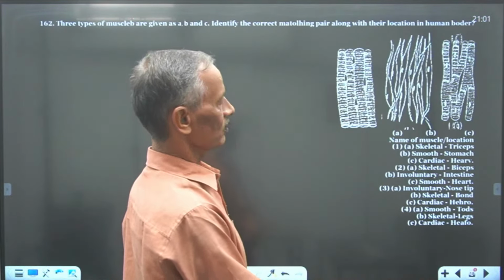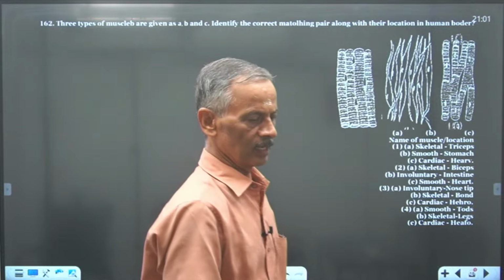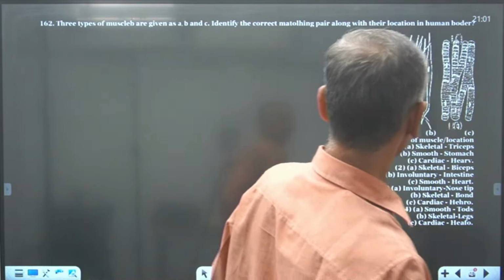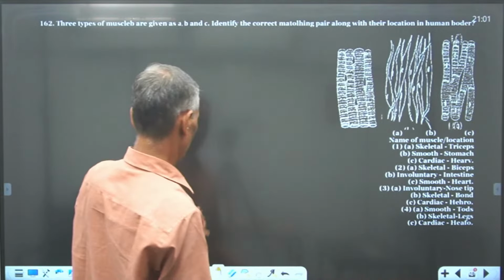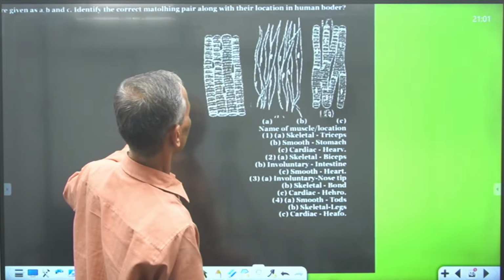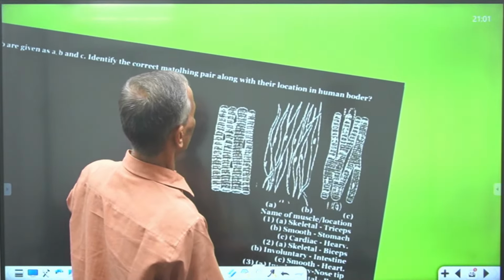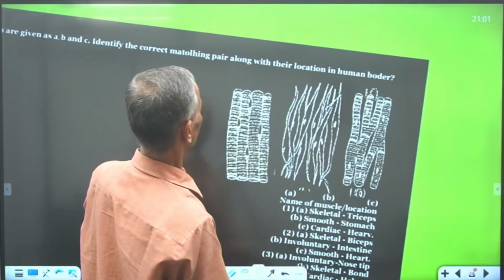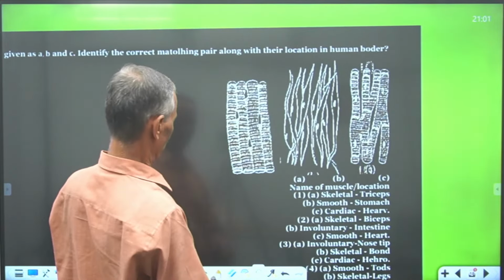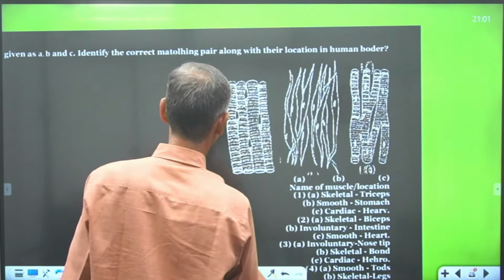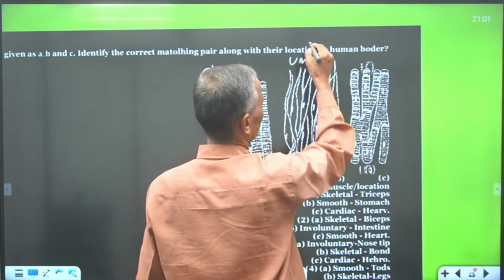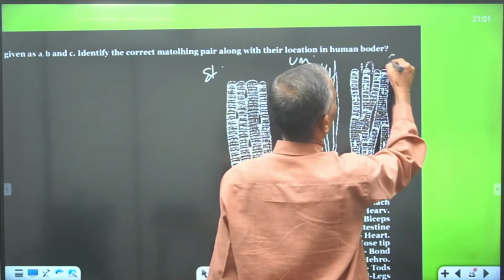This diagram is actually the very simple one which you have to identify. We know that, okay, this is the striated muscle. This is the unstriated visceral muscle, and this is cardiac.